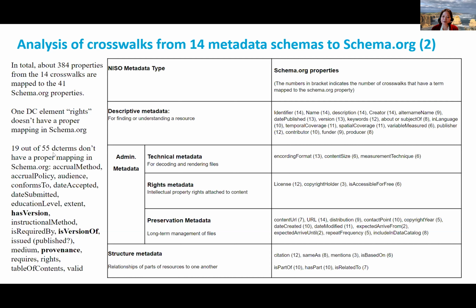And for the DC terms, there are 19 of them for which we didn't find a proper mapping. Among them are hasVersion, isVersionOf, and provenance, which also appear in many other schemas like DCAT and the DataCite schema. That's important for us to track the data version process.